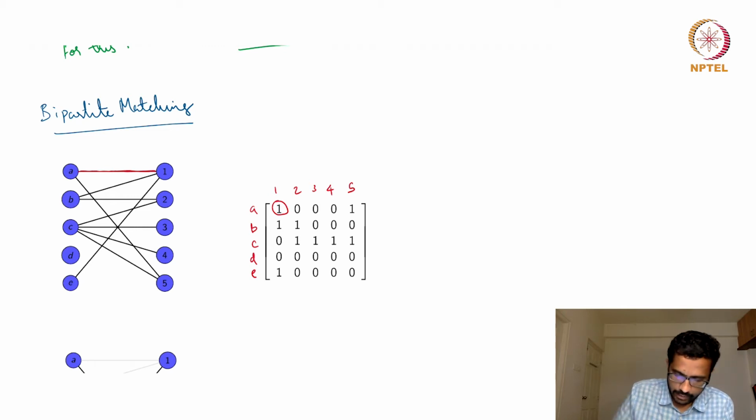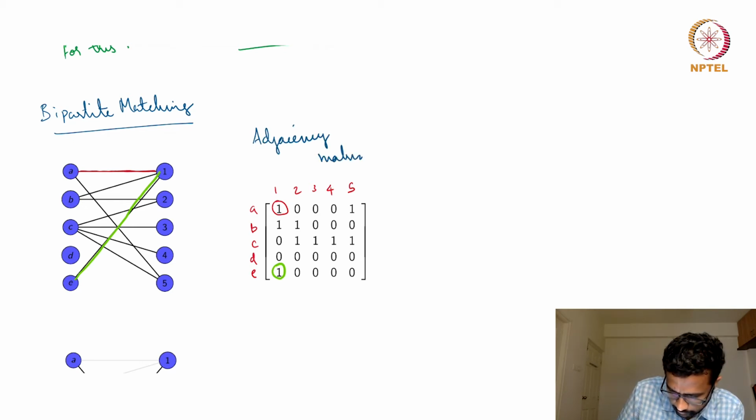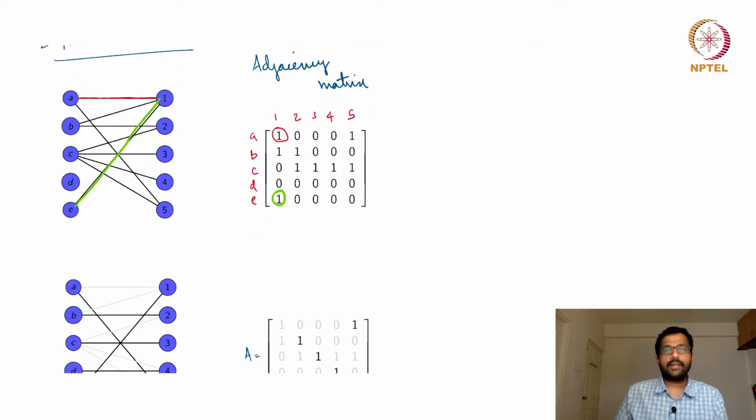And from E to 1 there is another edge, and that is the edge I have circled here. Right. So like that you could see how this adjacency matrix relates to the graph given. Okay, so this is the adjacency matrix of the bipartite graph.